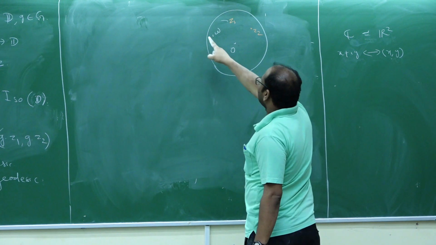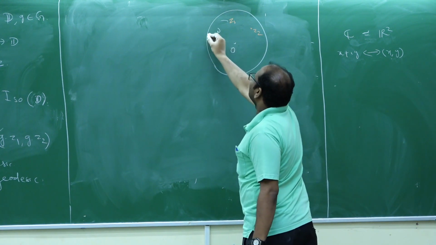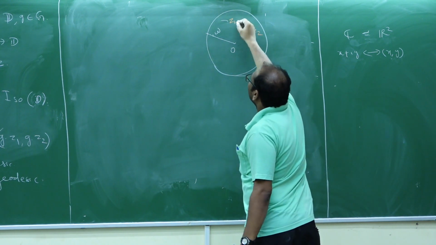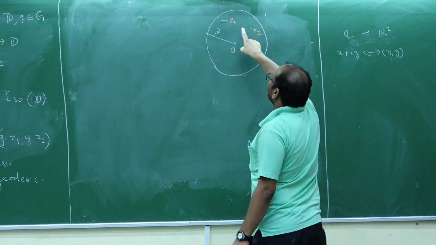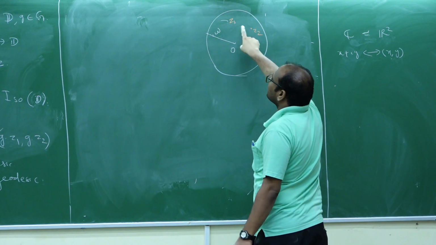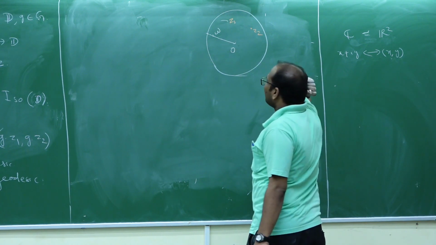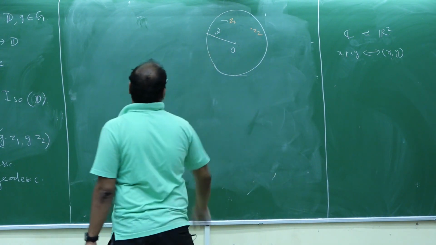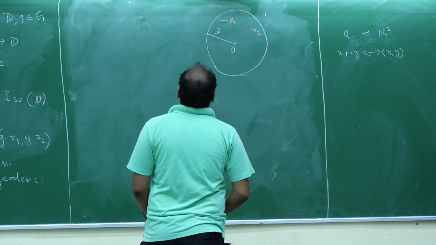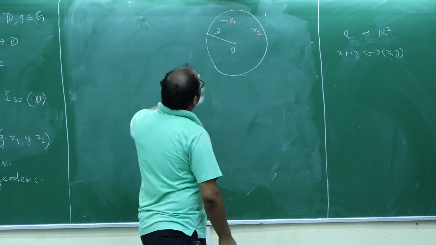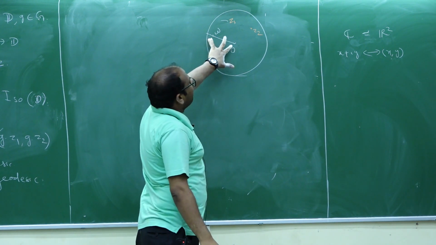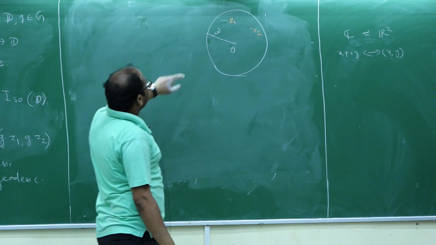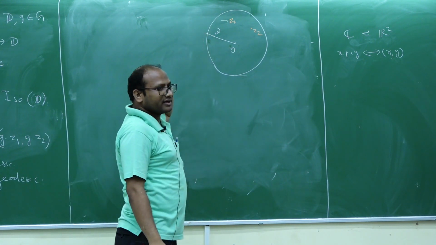Now you know that there is a unique geodesic between 0 and W. So there will exist a unique geodesic between 0 and W. And what is the geodesic joining 0 and W? The geodesic joining 0 and W is the diameter, and that is perpendicular to the boundary.